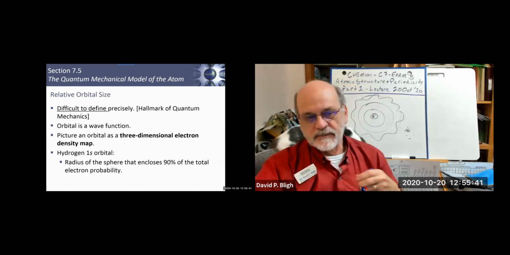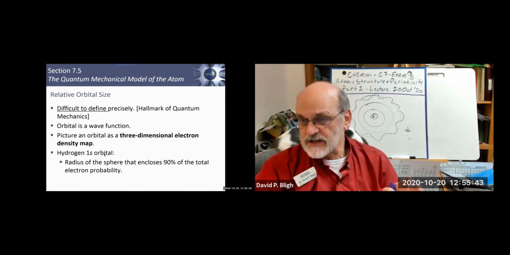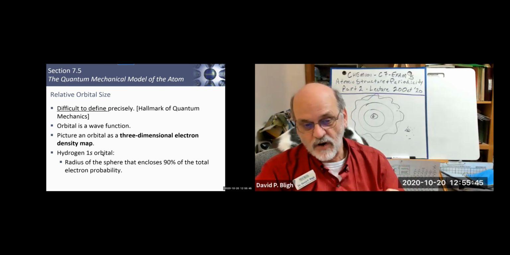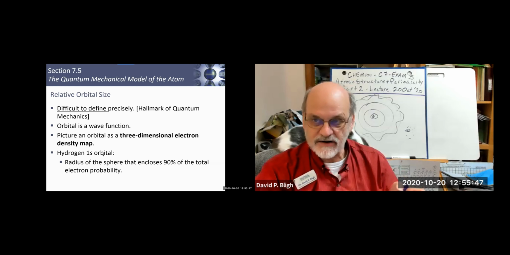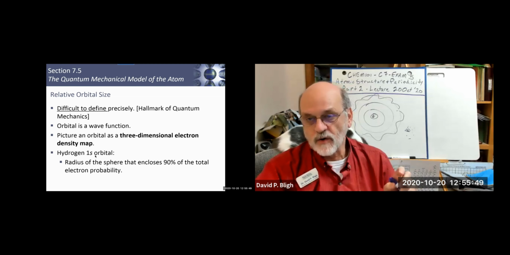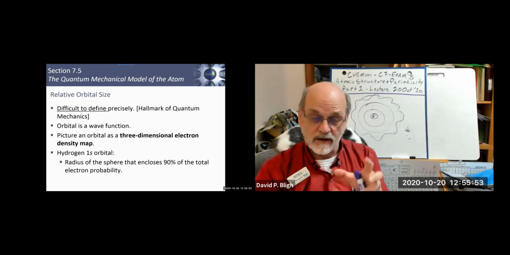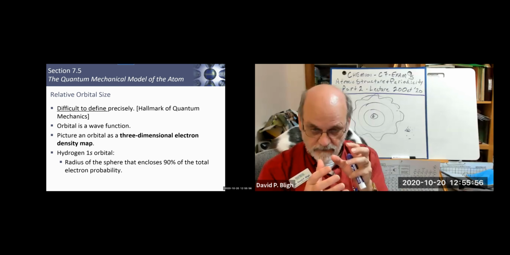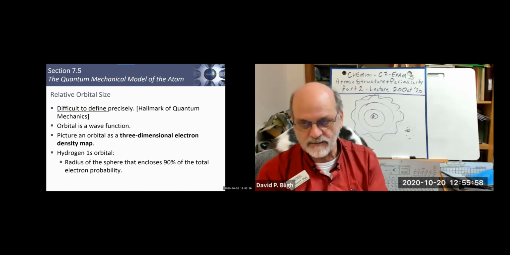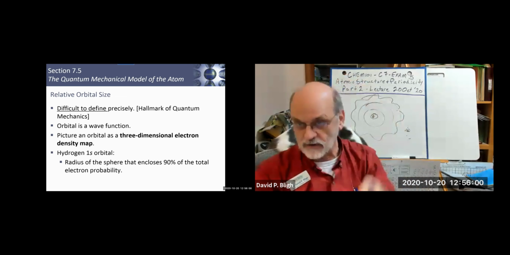So we're going to use a terminology here that we haven't defined yet. So give me some latitude. The hydrogen 1s orbital, which is the very lowest energy place, and that's where the electron is for the ground state of the hydrogen atom, is in this particular orbital.